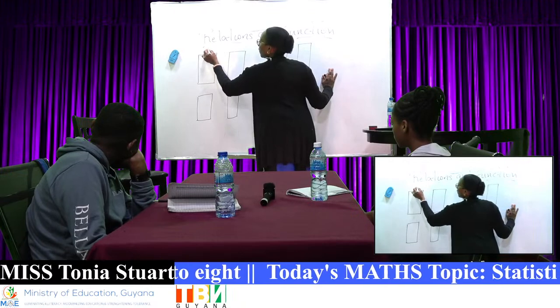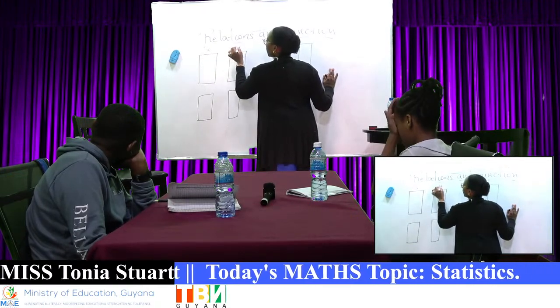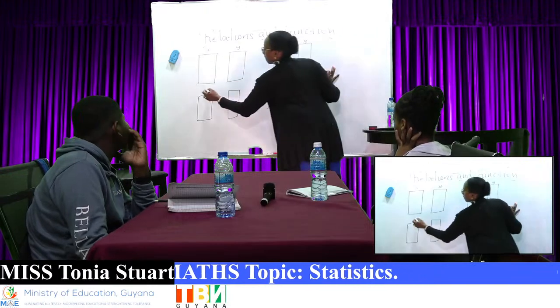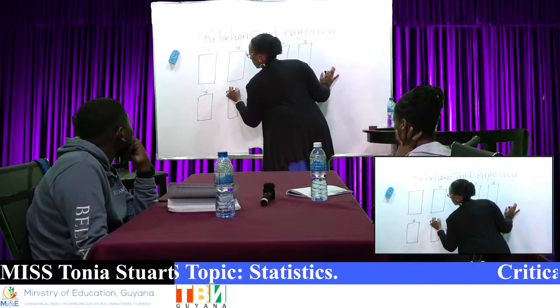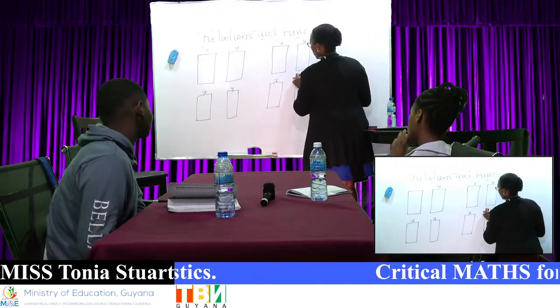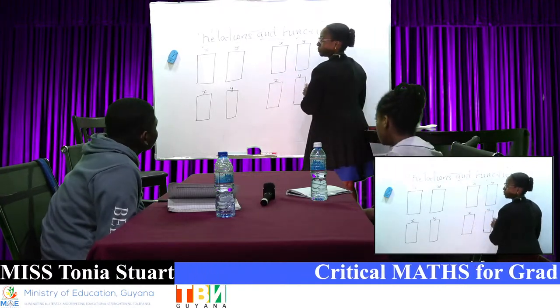We name this X, we name this Y. X would be the domain, Y would be the range.